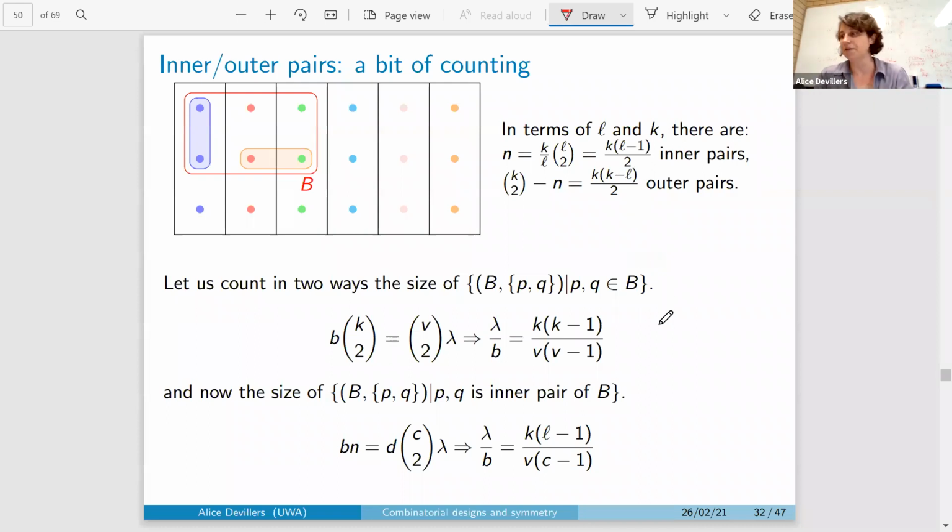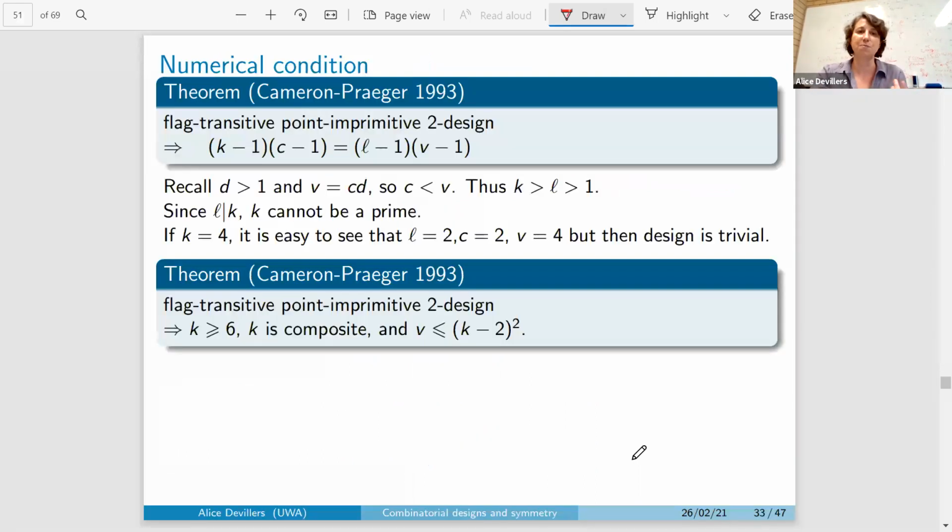Now, if you do a little bit of counting, I'm going a bit quicker here because I'm running out of time, but you count in 2 ways, the same as when I said vr equals bk, the same type of counting, just a little bit more complicated. We can find that we have this identity and this identity, and so it means that a flag-transitive point imprimitive 2-design must satisfy this identity here.